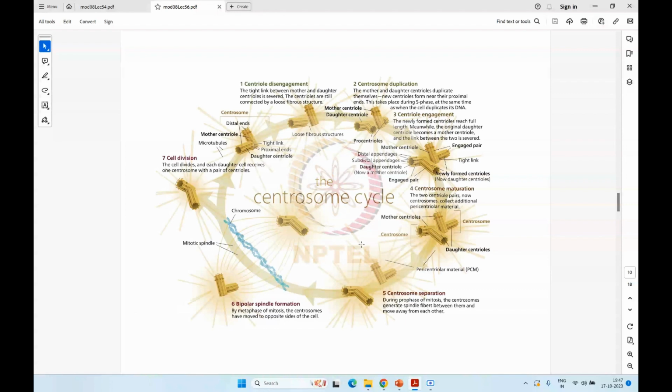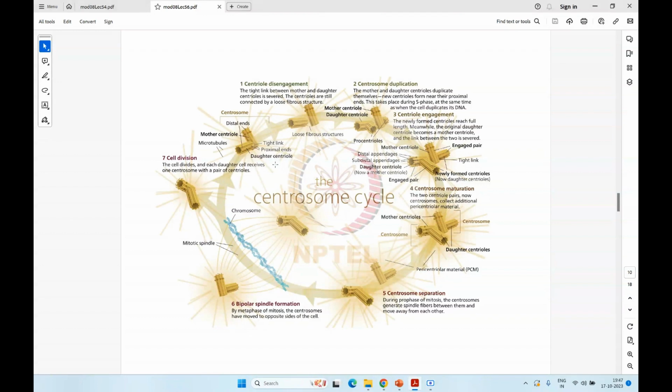Just before cell division, the centrosome also has to divide itself to form two centrosomes, which can then go to the opposite ends of the cell and separate out the chromatids.